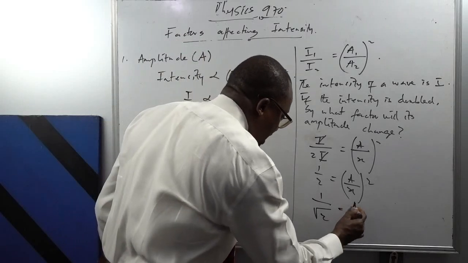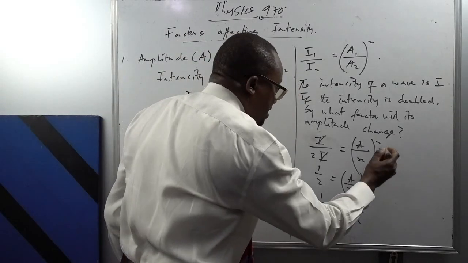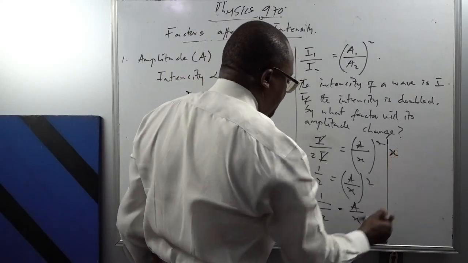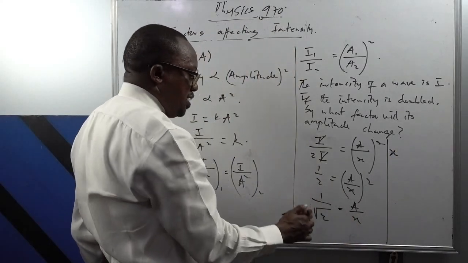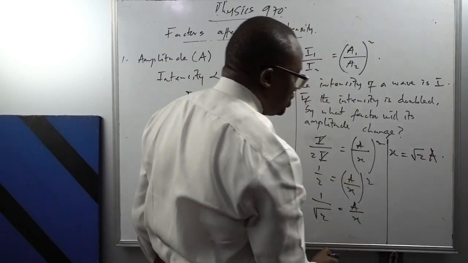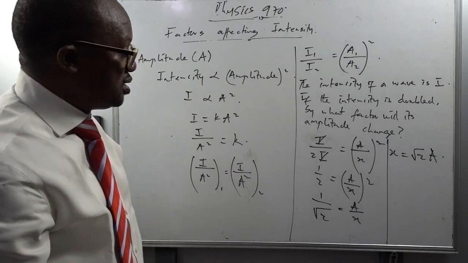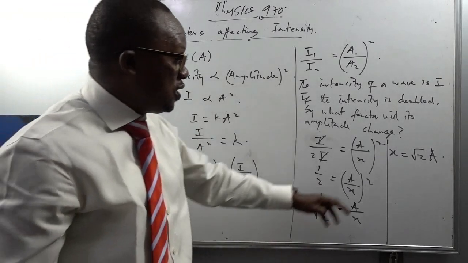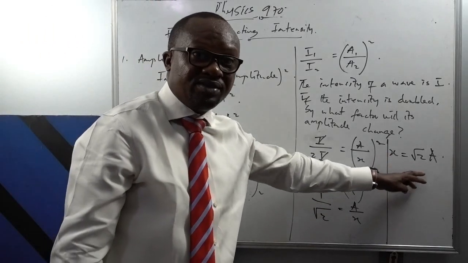Is equal to A over X. Therefore, if we cross multiply, the new amplitude will be root 2 multiplied by the initial amplitude.